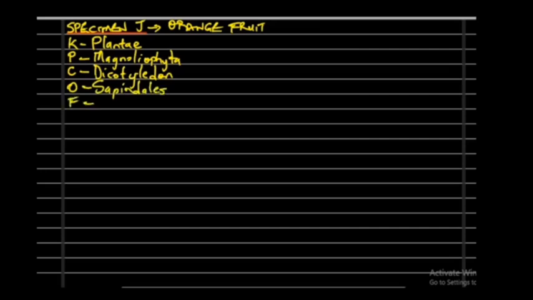The family, we have it to be Rutaceae. The genus, it is Citrus. And then the species, we have it to be sinensis. So scientifically, it will be written as Citrus sinensis.